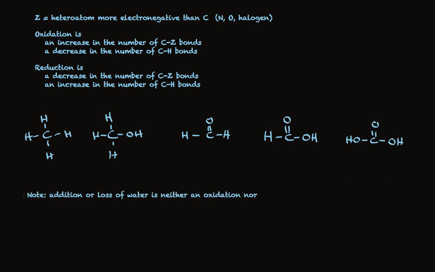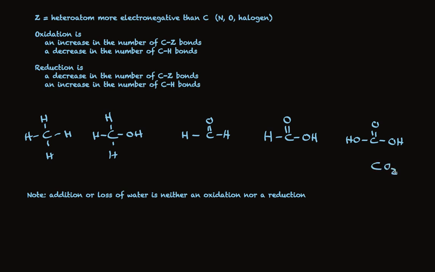Another note, when you're adding or losing water, it turns out that you're changing the number of CH bonds and the CZ bonds in opposite directions. So that represents neither an oxidation nor a reduction. As an example, take a look at this case. If we lost water from this, H2O, we have CO2.